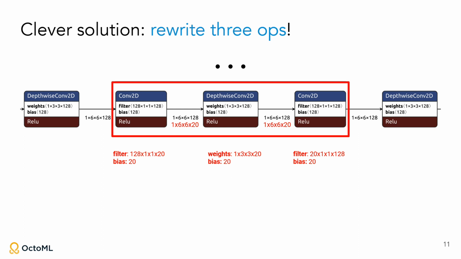So we can strip those out. That means that the bias will now have 20 elements instead of 128. The filter will be 128 by 1 by 1 by 20 instead of the previous size. And the intermediate tensor output will be the same, 1 by 6 by 6 by 20, because those channels got removed. Same thing for the output of the depthwise conv2D.